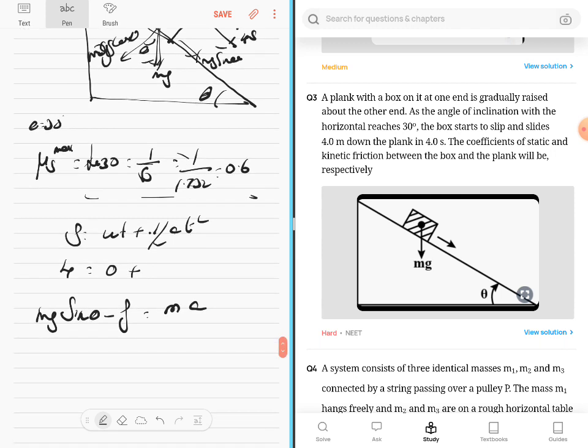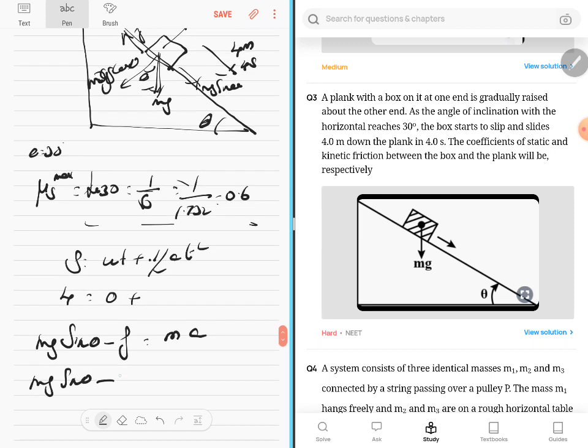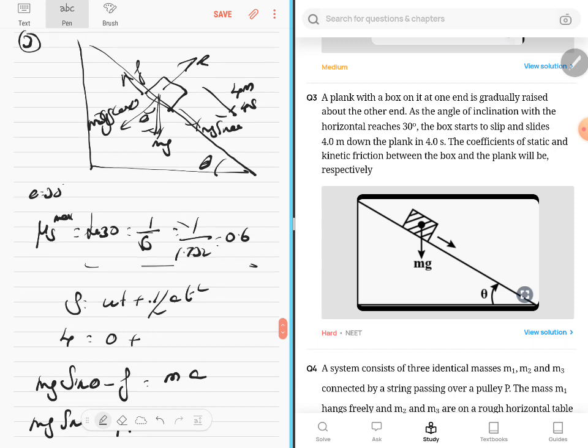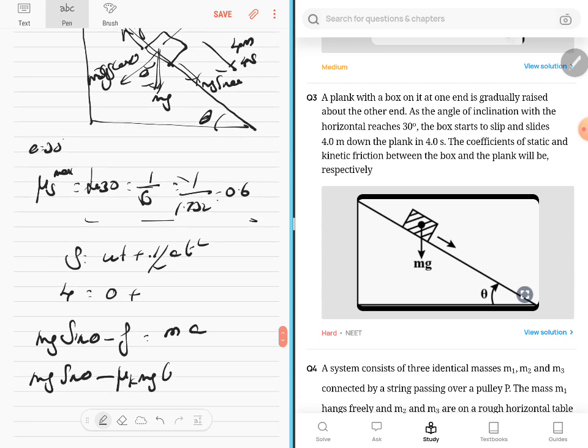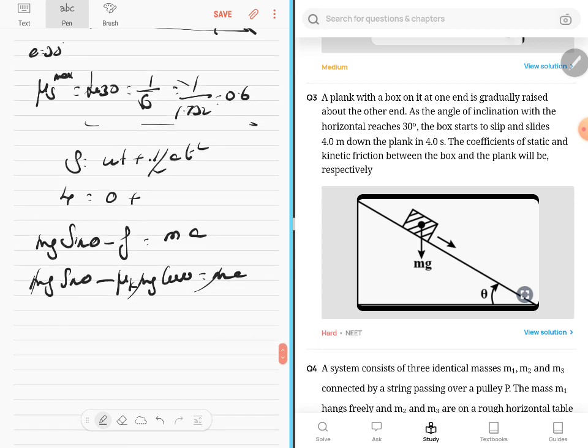So mg sin theta minus, we don't know the mass, it's okay, mu into normal reaction, that is mu k into normal reaction, which is mg cos theta, is equal to ma. So m throughout gets cancelled, so you don't have an m, that's not a problem.